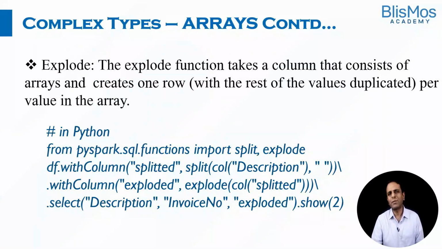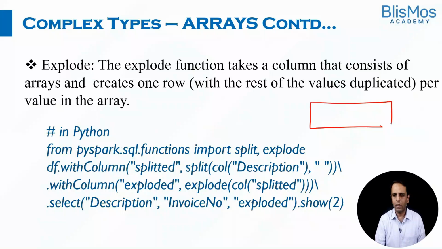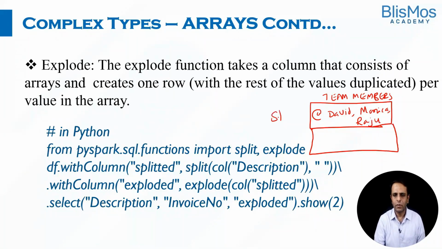Next function is explode. What is the explode function doing? Assuming that a particular column has a different array. This is an array. Here, this is a team member. One is David, Monica, and Raju. The manager is Stephen.